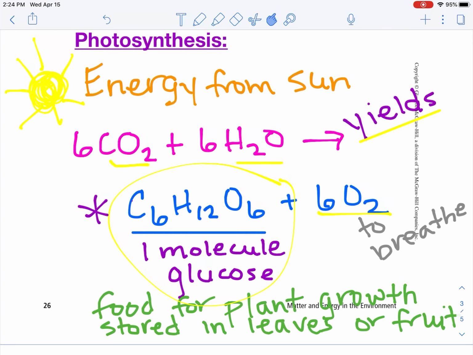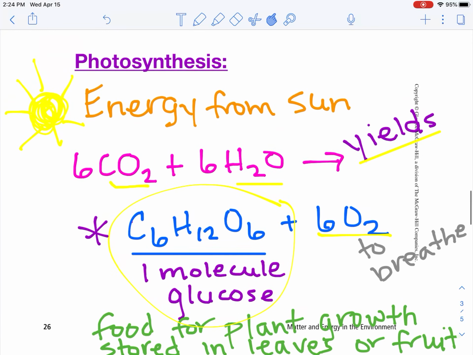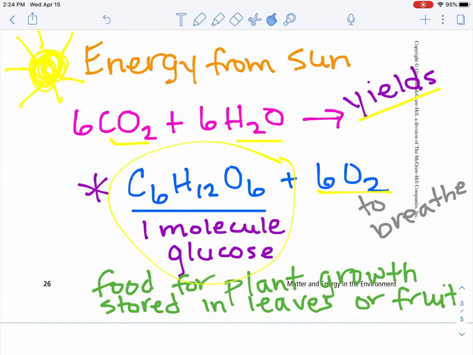So the formula for that is the energy from the sun. We need 6 molecules of carbon dioxide and 6 molecules of water, which are going to yield, which also means to produce, 1 glucose molecule, and 6 oxygen molecules will be released into the atmosphere.